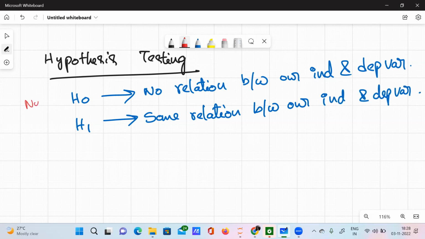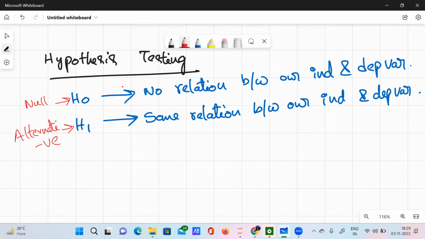So this is the null hypothesis, and this is the alternative hypothesis. These are the two situations we usually find while dealing with linear regression.